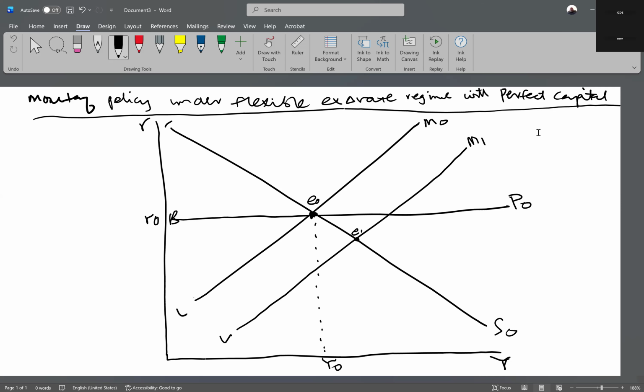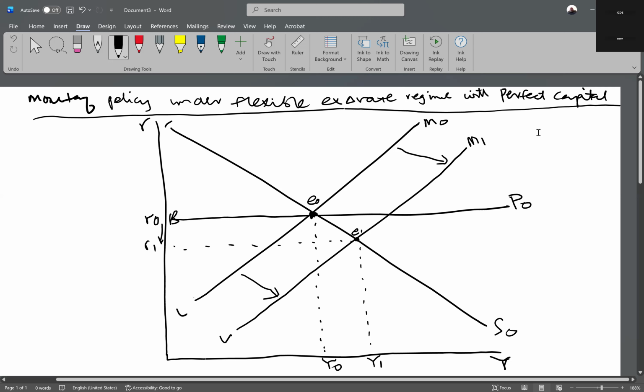At E1, what do we have? At E1 we have a balance of payment deficit.